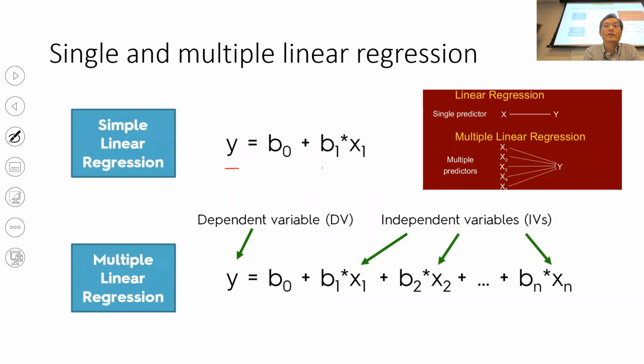You use beta 0 as the intercept and beta 1 as the slope, with x1 the only variable to explain y. In that case, it's called simple linear regression, or single variable linear regression.